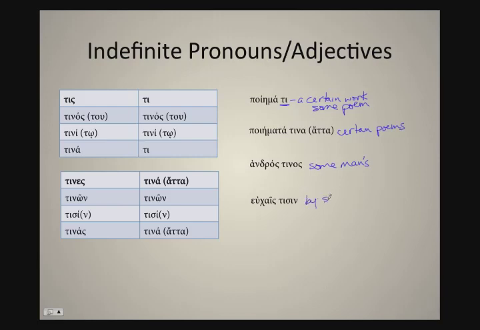By means of some prayers. Dative. And these are just, because they're adjectives, they're going to match in gender, number, and case. So there's really no challenge there. It's just a matter of remembering that if it doesn't have an accent on the first syllable, then we can translate it as certain, some, or any.